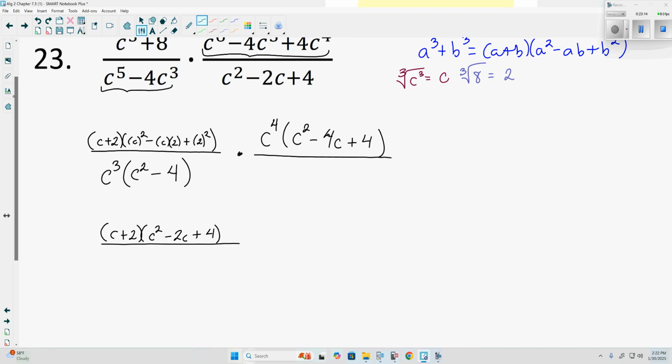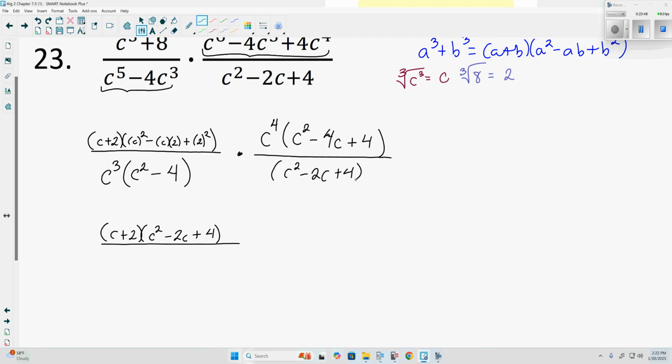C squared minus 2c plus 4, yes? I can leave it alone. I don't even have to try factoring it, because since we do have one on top that is the exact same, that means when we multiply, those two are going to cancel out. They're going to simplify out. So whatever the factors of c squared minus 2c plus 4 are going to match up with our other c squared minus 2c plus 4, so there's no reason to factor it.